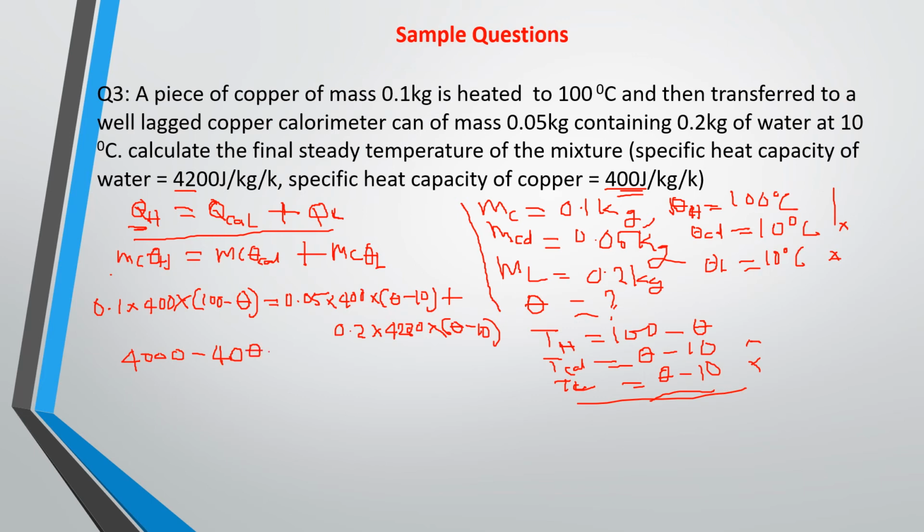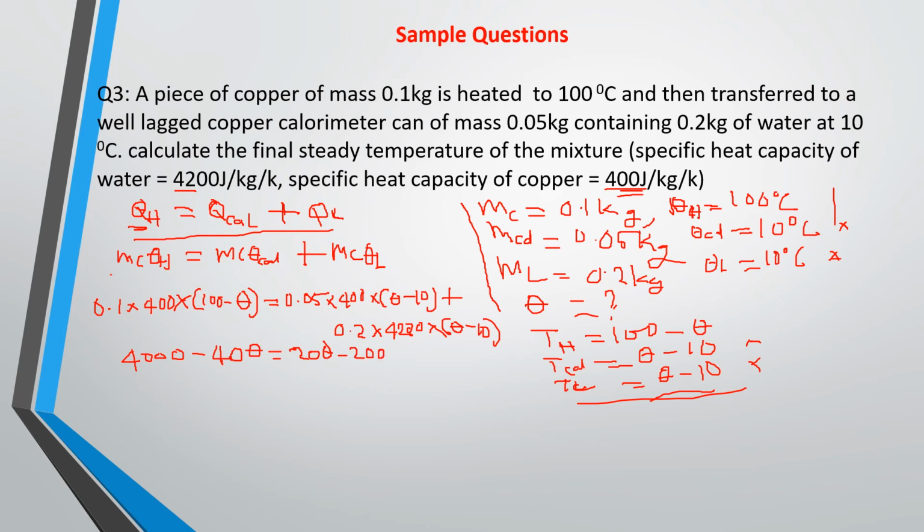Okay, is equal to 0.05 times 400 is 200. So you have 200. You have 20, this will give us 20 theta minus 20 times 100 is 200.